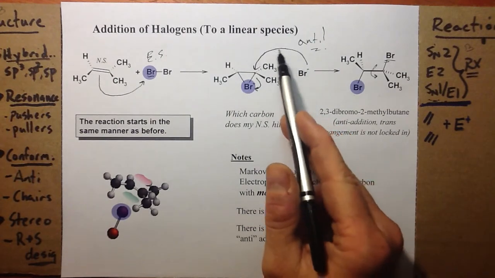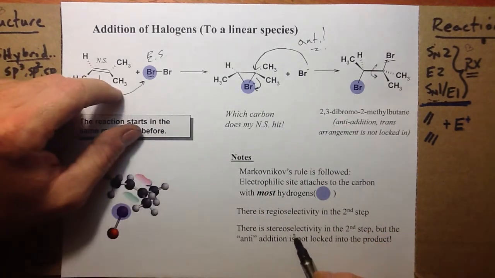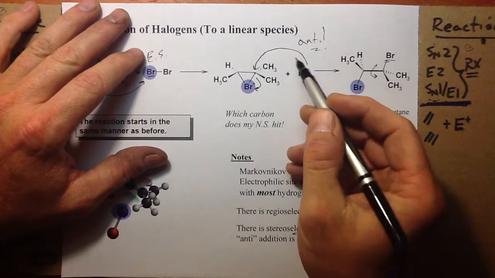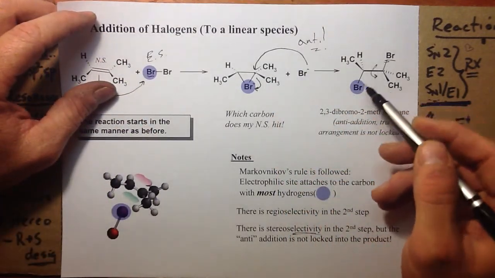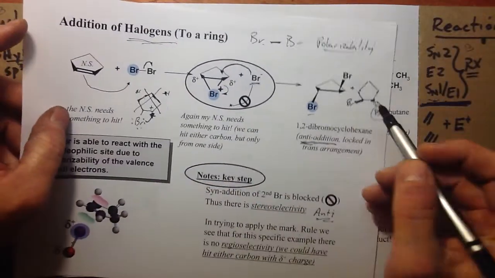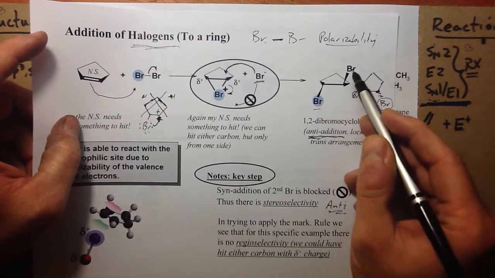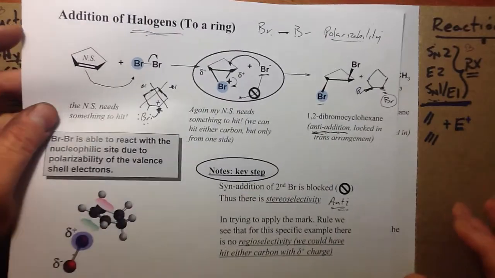And we always have stereoselectivity. It's very, very selective. We always come in from the opposite side. It just doesn't have to be locked in. Here it's not locked in to a trans product. Here, because of the ring, these would always be on opposite sides. They would be locked in to a trans arrangement.